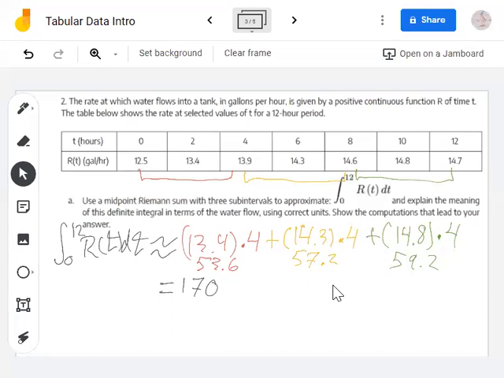Oh, there it is. So 170 is the numerical value. Let's finish this part up. Now the unit on this, as we mentioned, was gallons. Okay, so what does this mean? Explain the meaning of this definite integral.